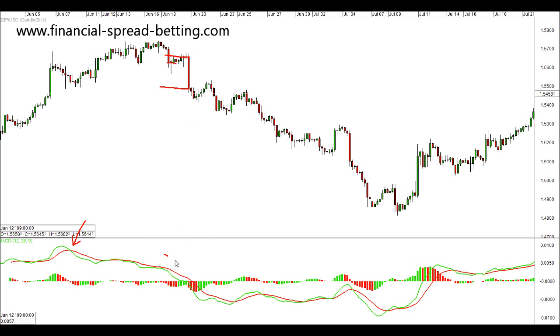We could use our MACD once again to see if our analysis is correct, and you'll see that the bearish moving average is above the bullish, meaning price could depreciate.